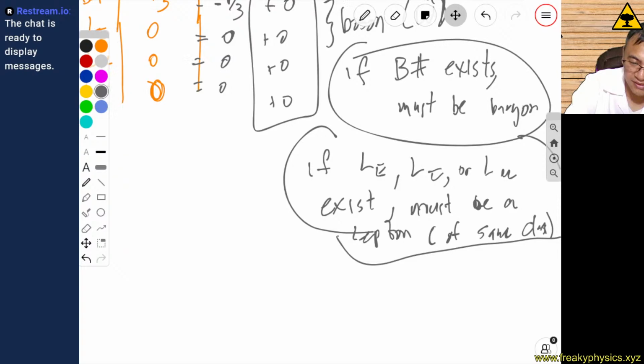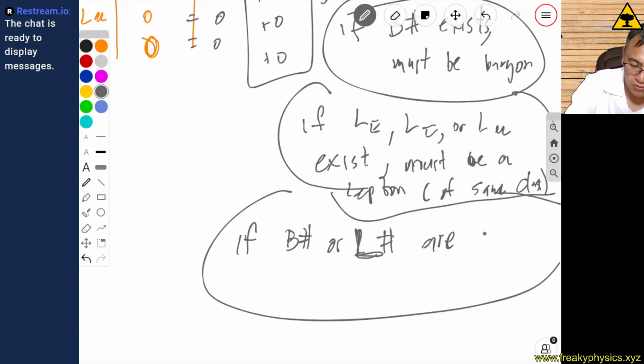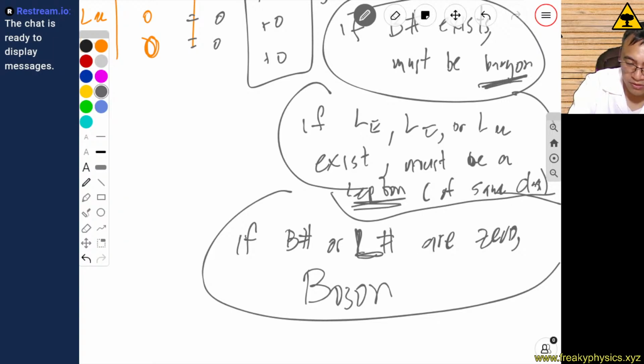The third bit, and this is the last thing I'm going to say for today, is that if neither exist, if B number or lepton number, I'm just going to say L, if the lepton numbers are all 0, then this means this has to be a boson. So baryon for baryon numbers existing, leptons for lepton numbers existing, boson if baryon number or lepton numbers are 0.